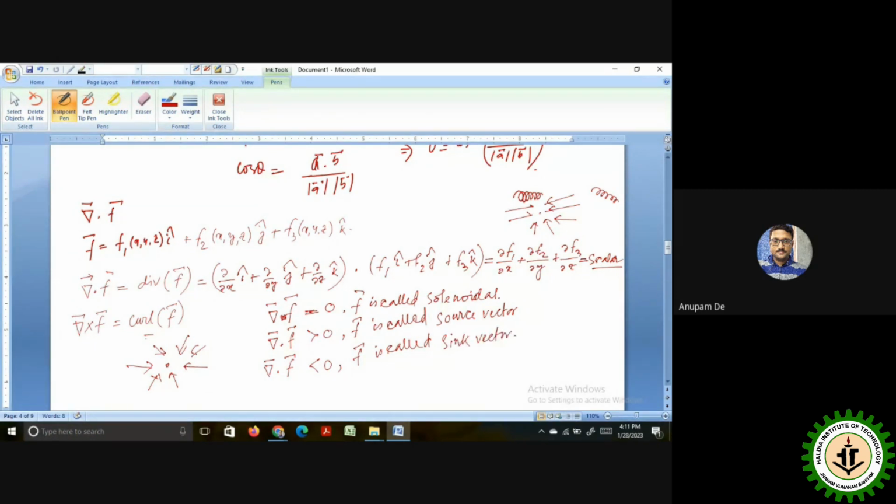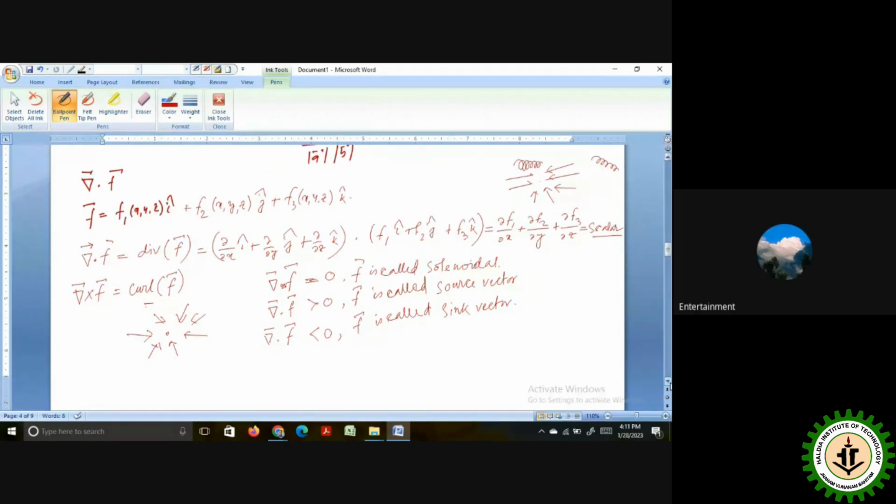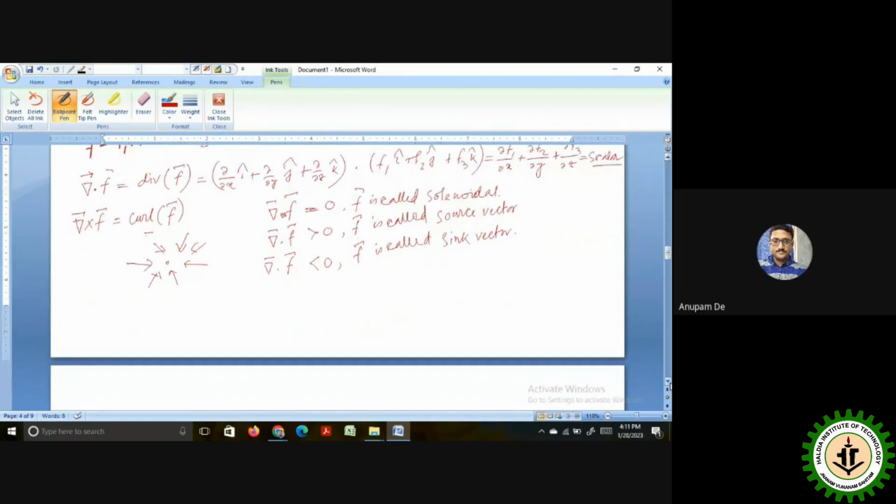I hope your physics teacher also explained this source and sink. The kind of question you are going to get is that you will be given a vector in terms of some constant, with x, y, z involved in the function, and you will be asked to find the condition for which the given vector is a source vector or a sink vector.